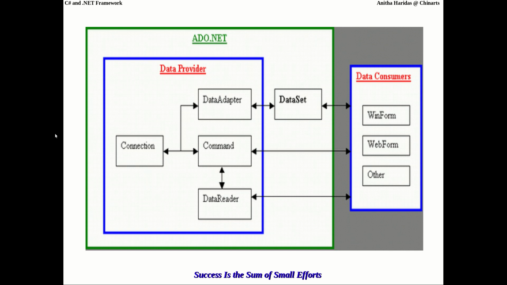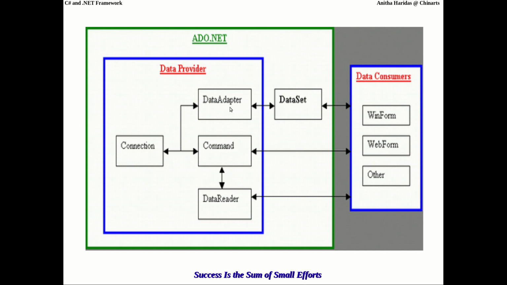I repeat, if I am using the command and data reader objects, I need a live connection to the database. So if the connection is closed, your command and data reader will not work. So you have to always open the connection. Only then will these things be able to manipulate the database.